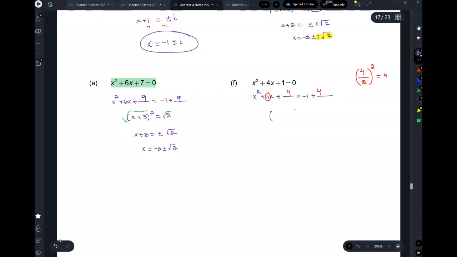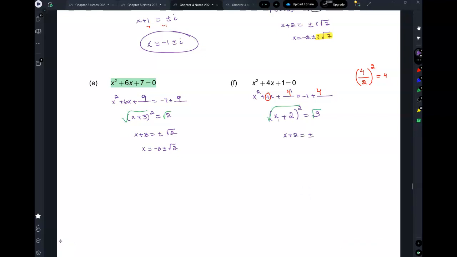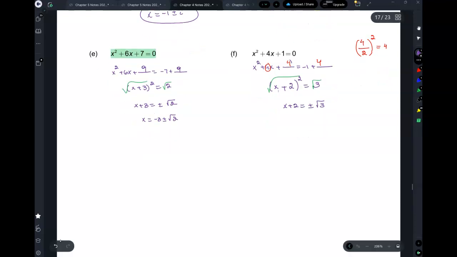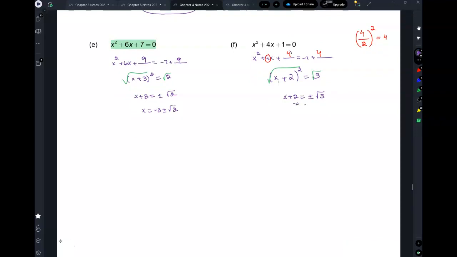So when I factor, x, square root of this gives me 2, plus in the middle, equals how much? 3. Square root. x plus 2 is plus or minus root 3. So I subtract 2 from both sides. So x is negative 2 plus or minus root 3.